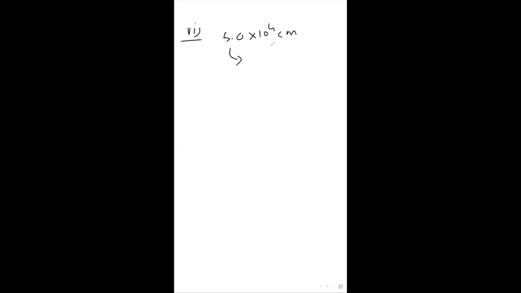Instead of writing it in centimeters, it's better to write it like 5.0 into 10 raised to the power 2 meters. Now you have reduced this power and replaced it with another unit. So it's better to use these units instead of writing it in scientific notation.